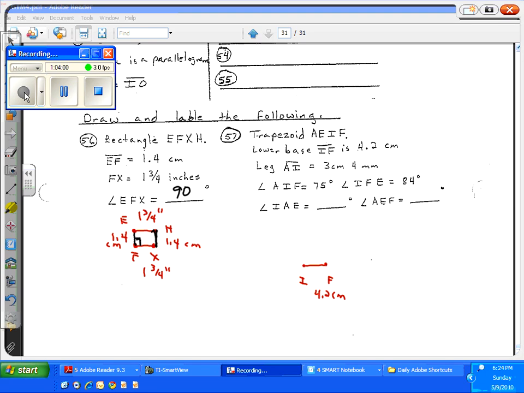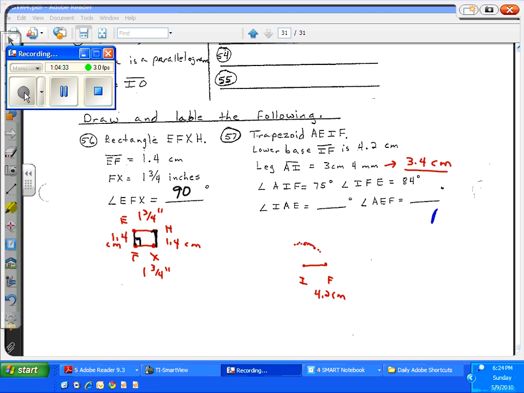It says leg AI is 3 centimeters, 4 millimeters, which is equivalent to 3.4 centimeters, right? It says that angle AIF, so A sitting out here somewhere, right? It's out there 3.4 centimeters away, but there's a 75-degree angle. Well, how do we do that?